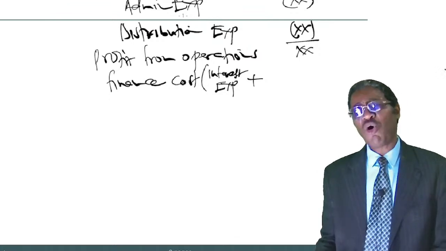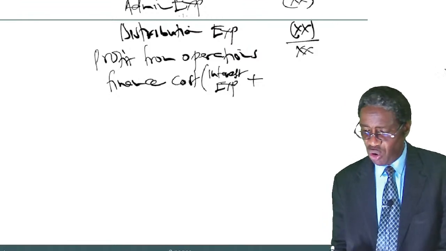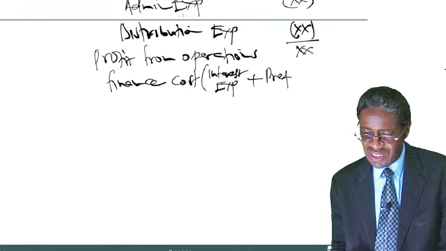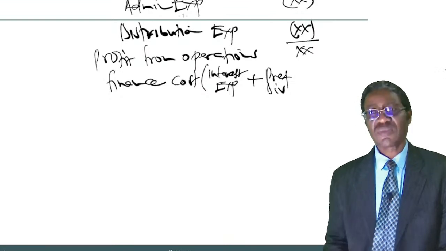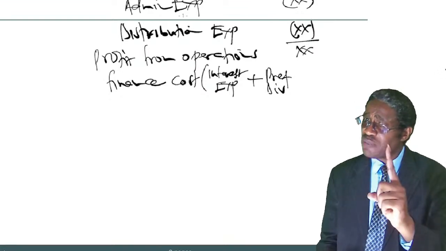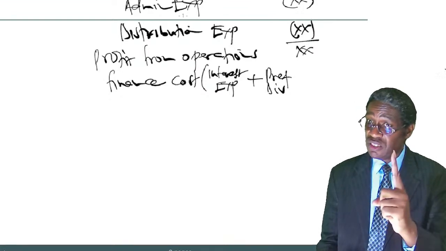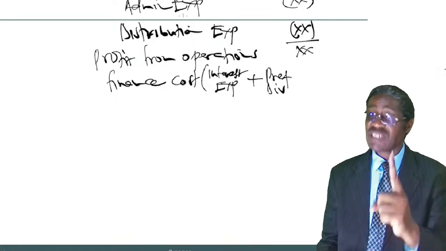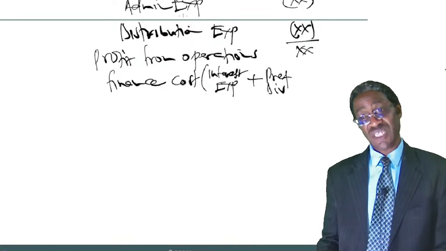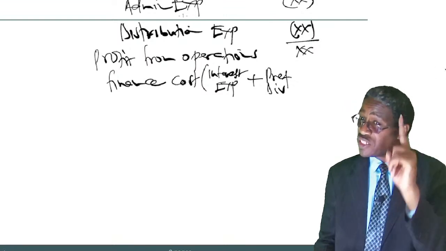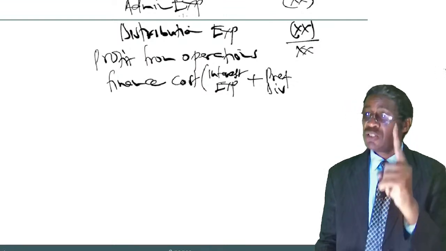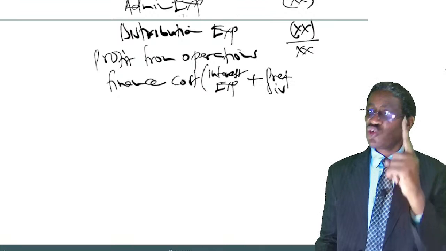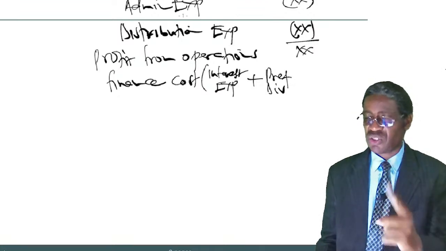Another example of a finance cost is what we call preference dividends. But not all types of preference dividends do you consider as a finance cost. Get the point there? Not all types of preference dividends do you consider to be a finance cost.